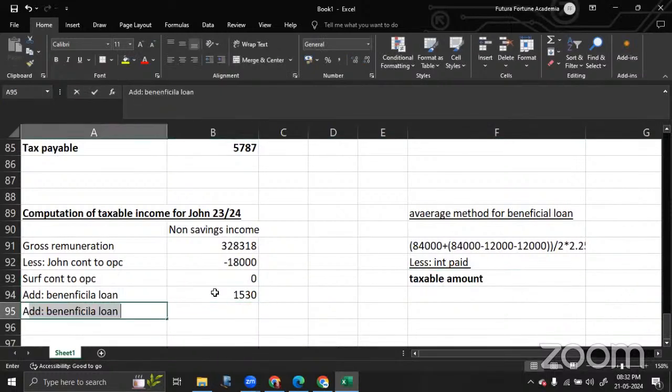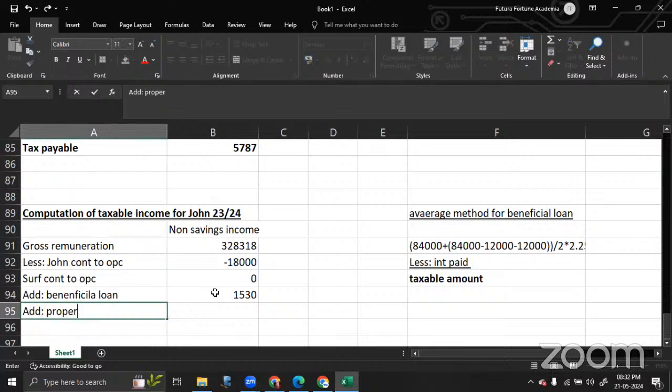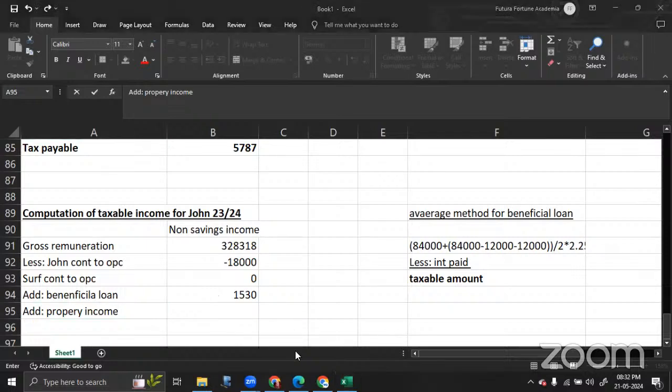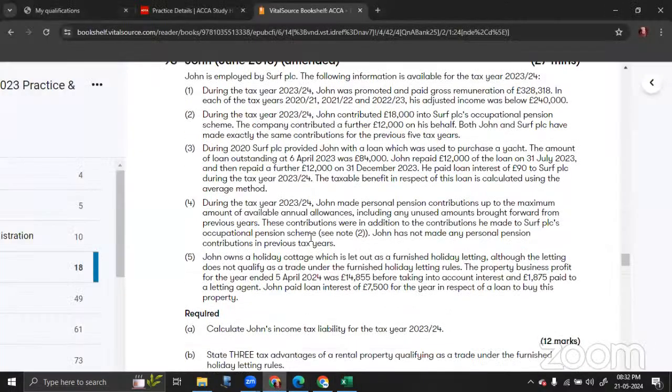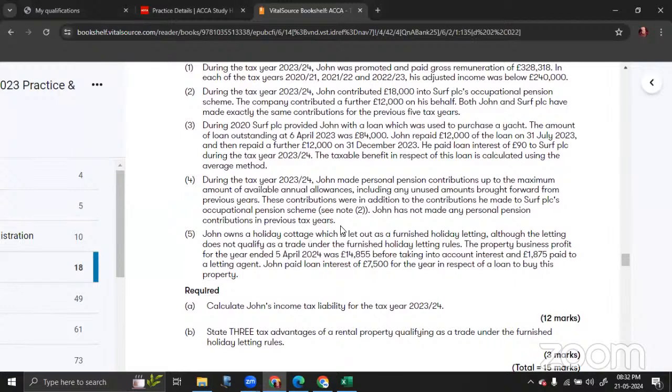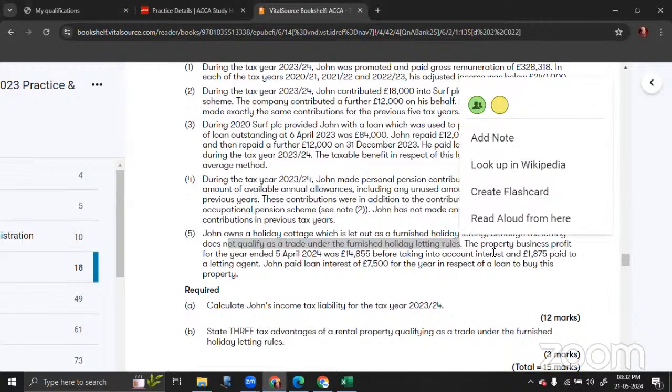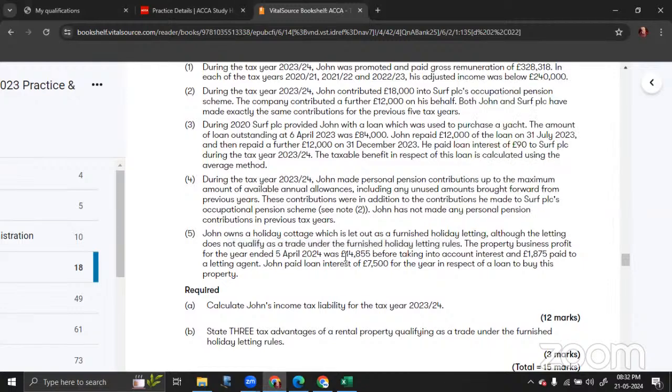Then you can add the property income as well. So coming to the property income computation, it is not an FHL, does not qualify as an FHL. So the property profit is 14,855.